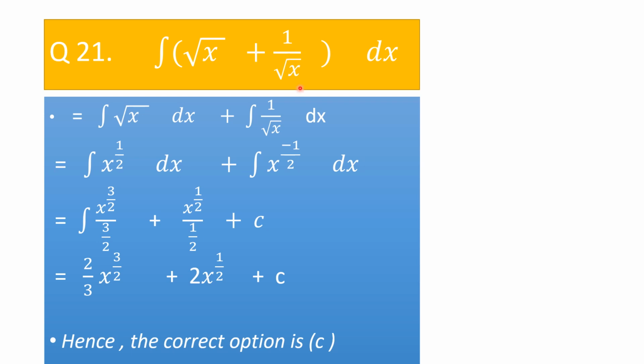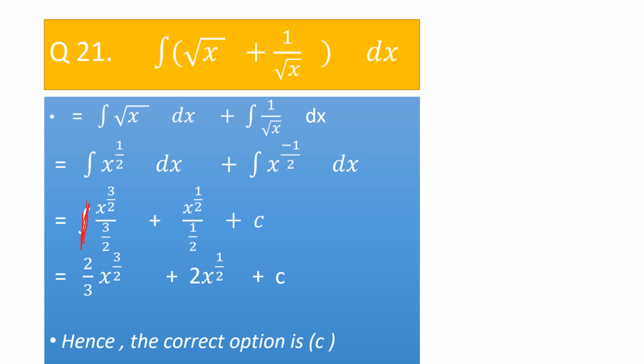We will be integrating separately. It will be the integration of under root of x plus integration of 1 upon under root of x. This can be reframed as integration of x power 1 upon 2 plus integration of x power minus 1 upon 2. Very simple. Now, this will give you x power 1 upon 2 plus 1 whole upon 1 upon 2 plus 1. So your answer is, this integration sign has to be omitted from here. Kindly ignore this.